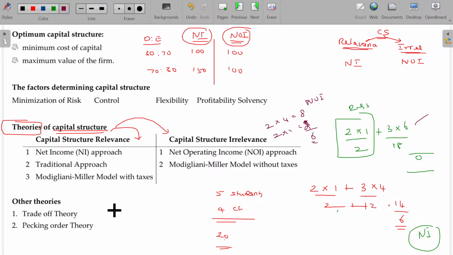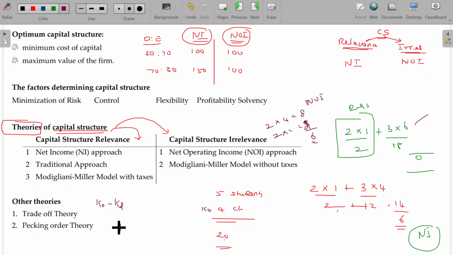See, cost of debt. What we are supposed to give? KO. KO is nothing but our earnings. This 4 chocolate will be KO. KO, KD.